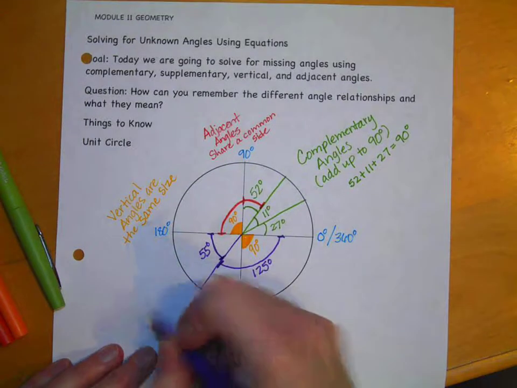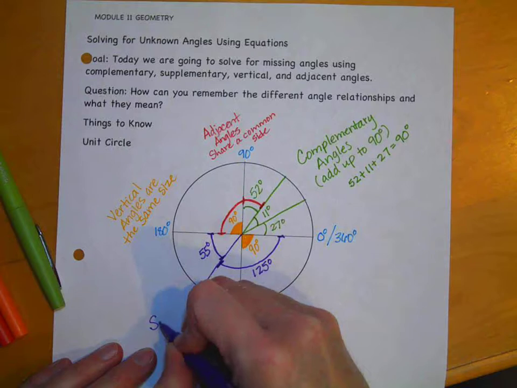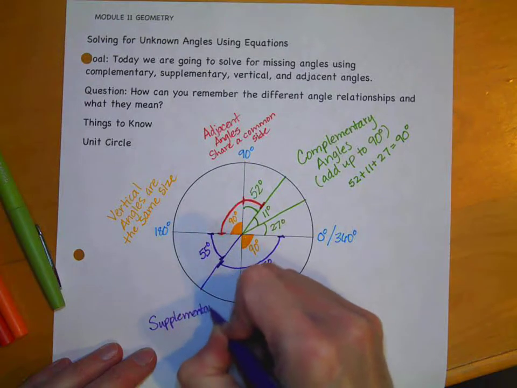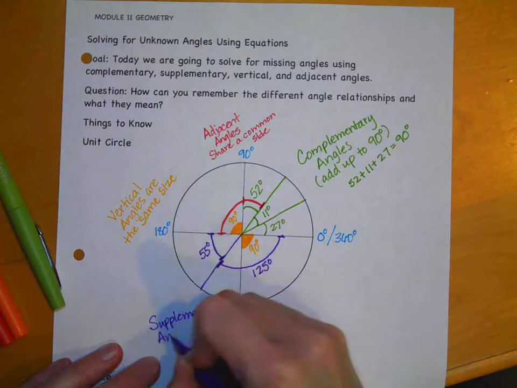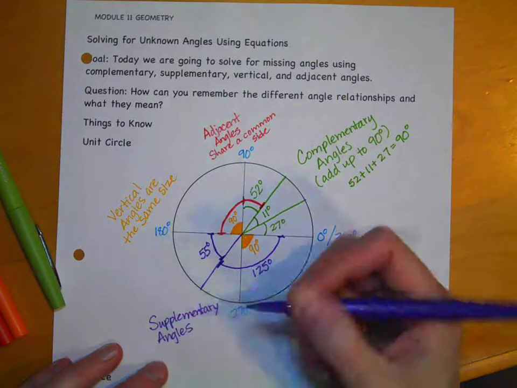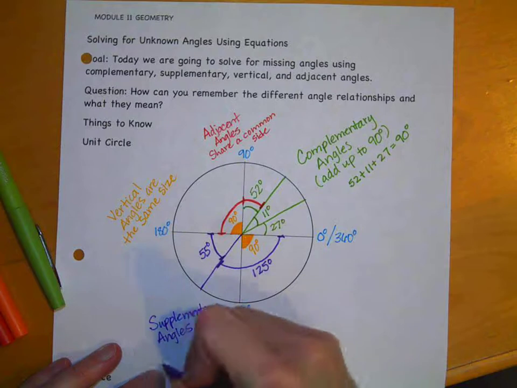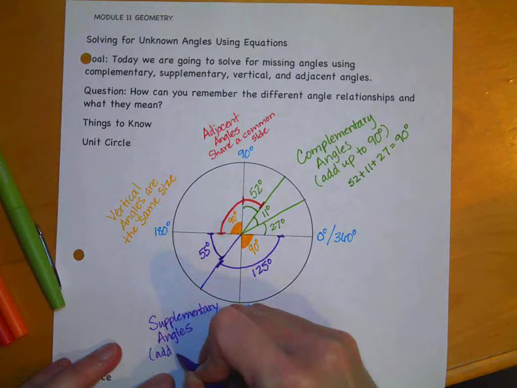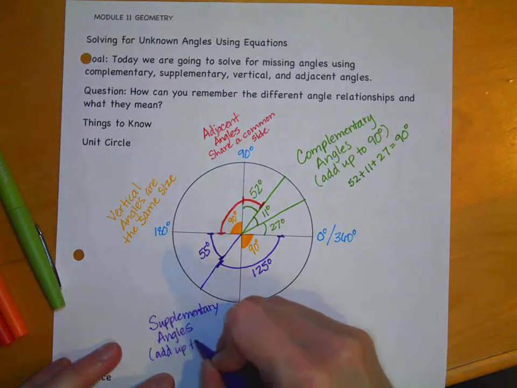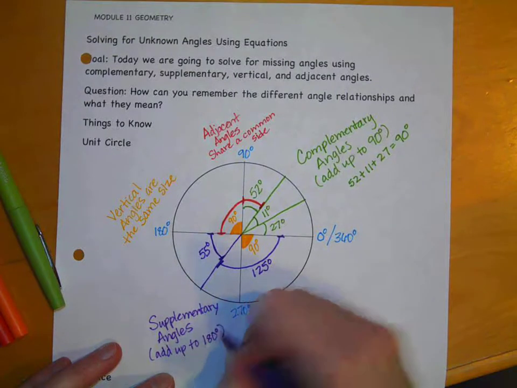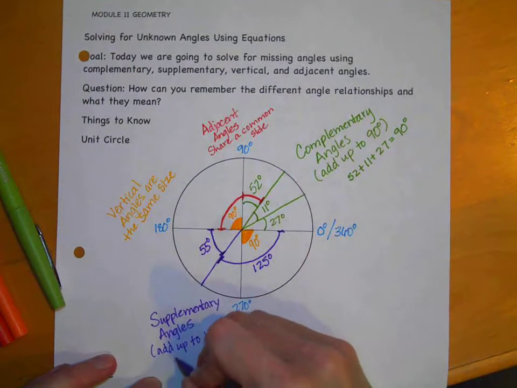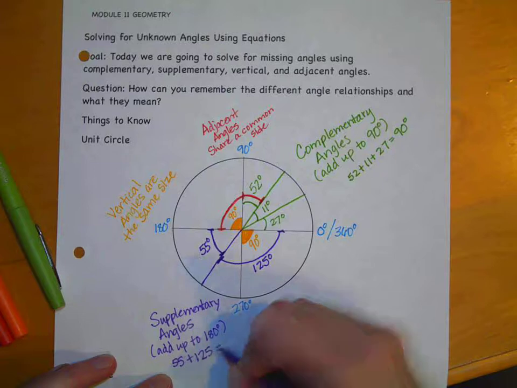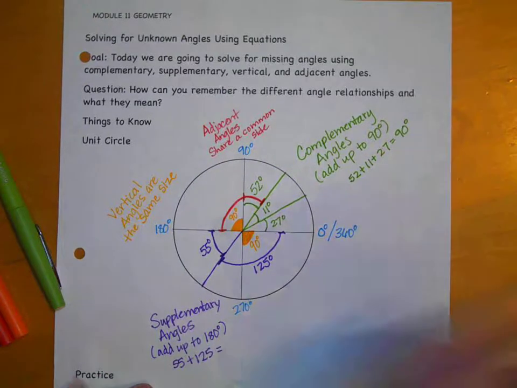So from here to here are supplementary angles, and the reason that they are called supplementary angles is because the angles add up to 180 degrees. Okay, so if we take 55 plus 125, then we should get 180.